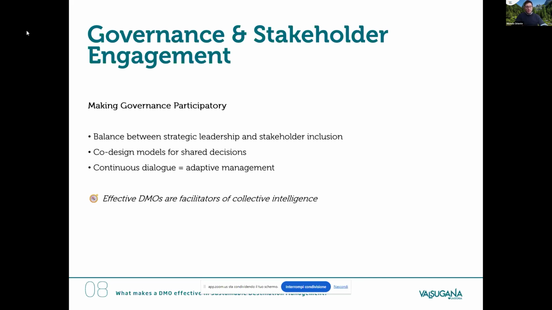If we consider working on a tourist plan, for example, the development of flexible and participatory governance models, or the establishment of ongoing dialogue with operators to enable shared decision making. So, in particular, a co-design model for shared decisions and continued dialogue with local people or the community.